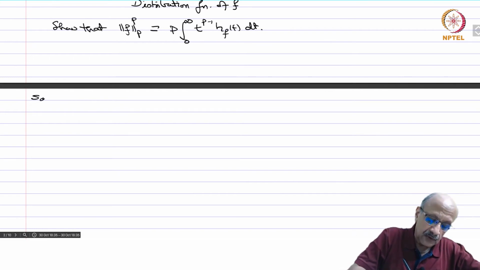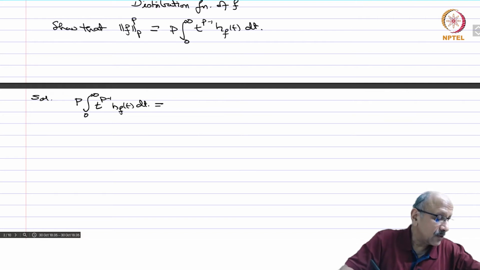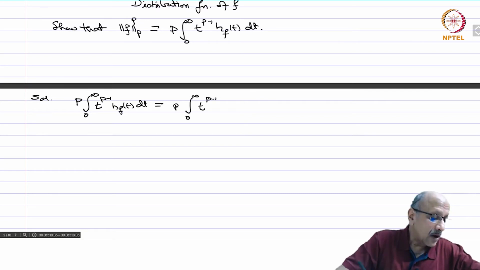So, solution. Let us take the right hand side, p times the integral from 0 to infinity of t^(p-1) h_f(t) dt. Now what is h_f(t)? It is the measure of a set.